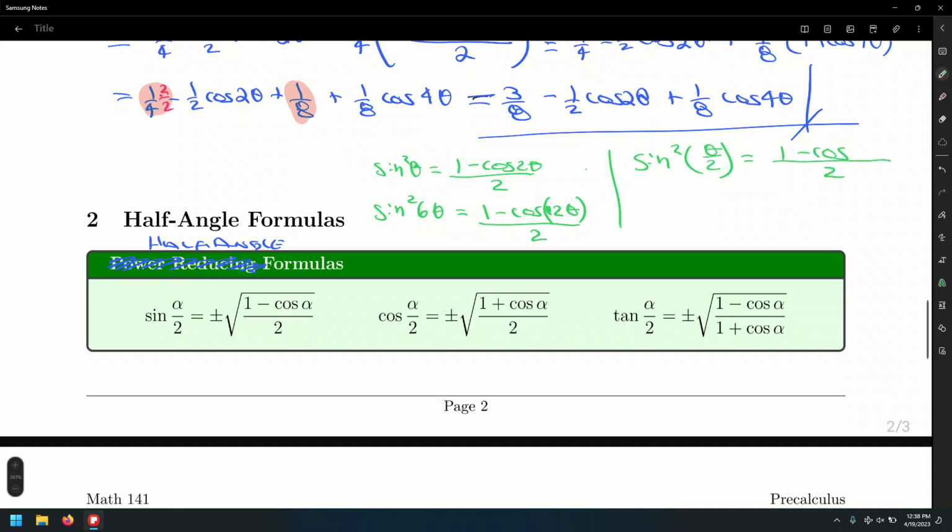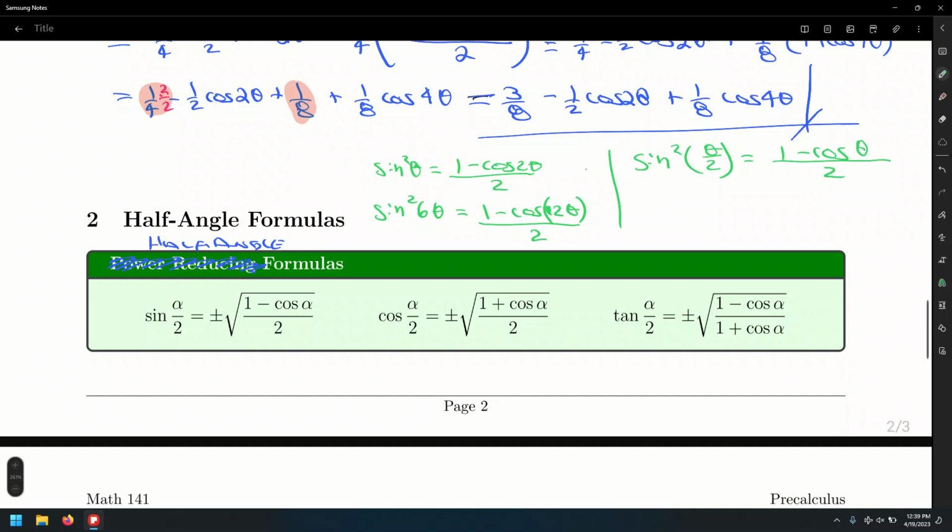Every time we use the power reducing formula, we have to double the angle. However, what is the double of theta over 2? Or in other words, what is the double of a half? What's that? Oh, okay, I can't hear you, so theta, just theta, right?